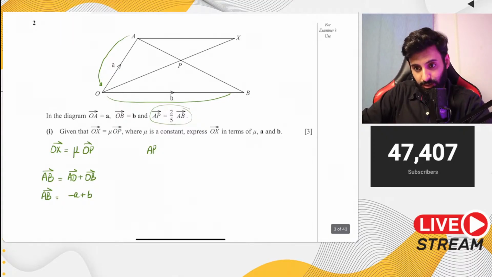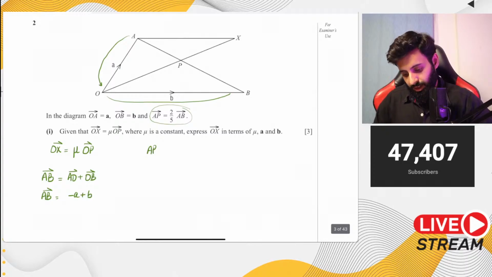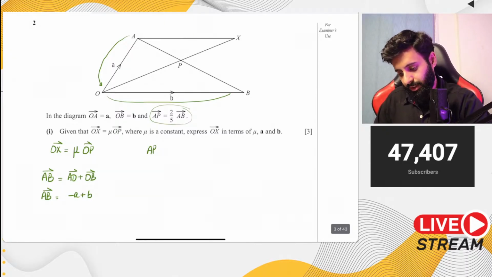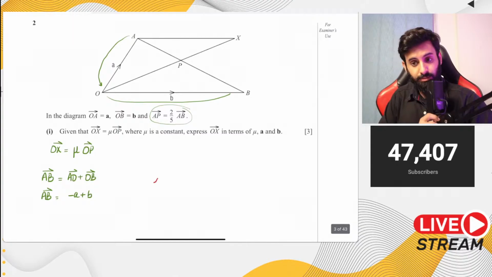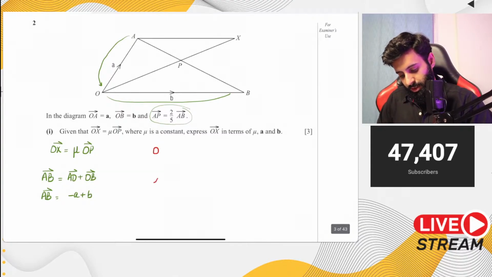By finding OP. That's correct. That is correct, by finding OP. Okay, so let's see if we can do that. All right, let's see if we can find out OP. So do we have enough information to find out OP? Yes, we do. Okay, so OP can basically be found by simply going from O to A to P.